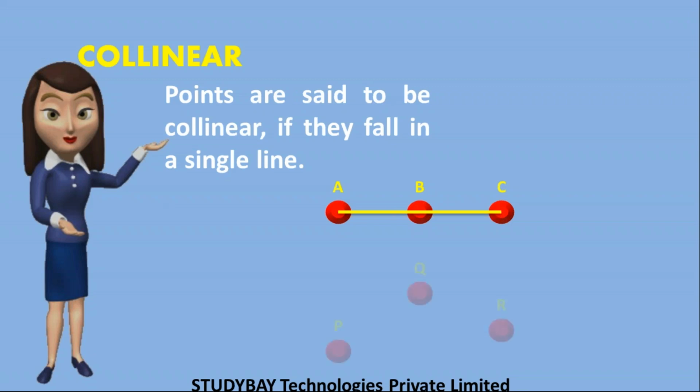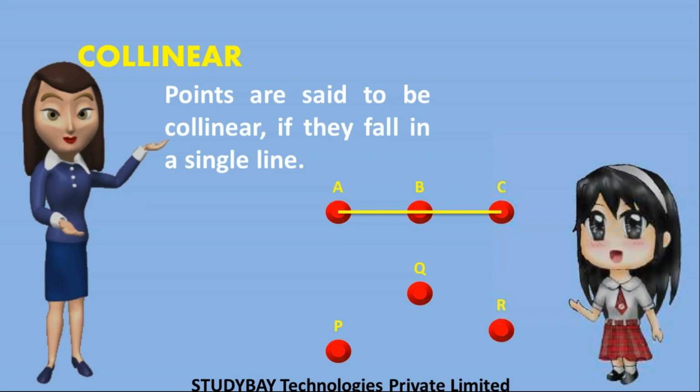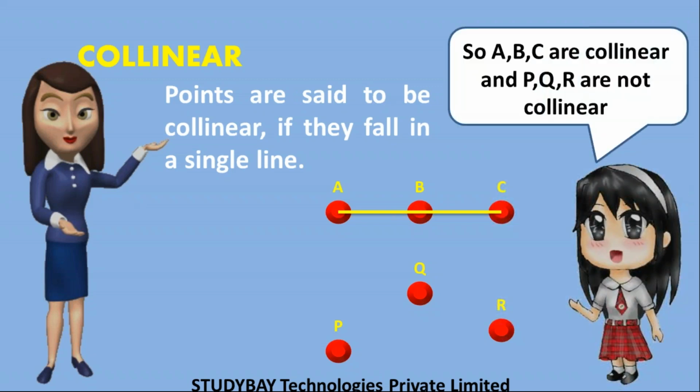Fine. Now let's see these 3 more points, that is P, Q, R. As shown, P, Q, R cannot be contained within a single line, and so the points A, B, C are collinear, but P, Q, R are not collinear.